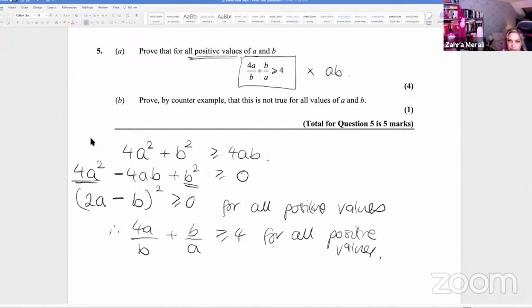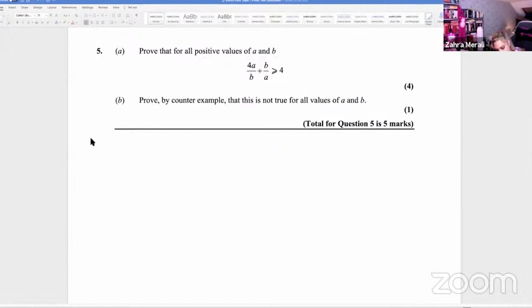Okay, so prove by counterexample this is not true for all values. Right, so we know we've got to include a negative somewhere here. I'm not sure which one works, so we're just going to pick some numbers and see where we go. So for part b, we want it to be not greater than or equal to 4.